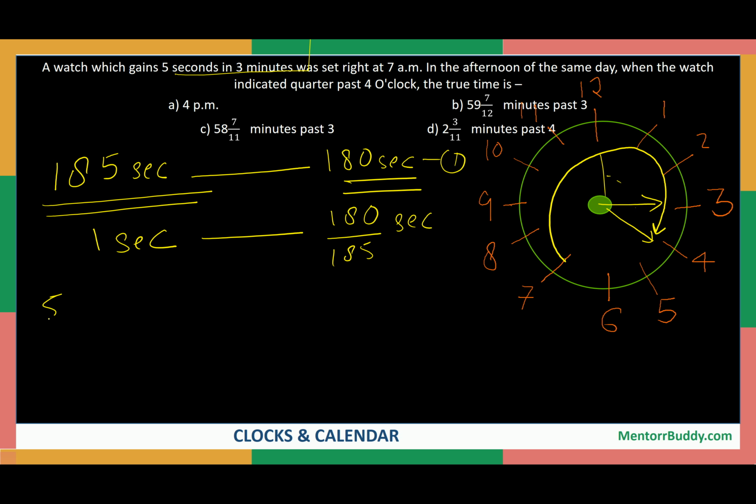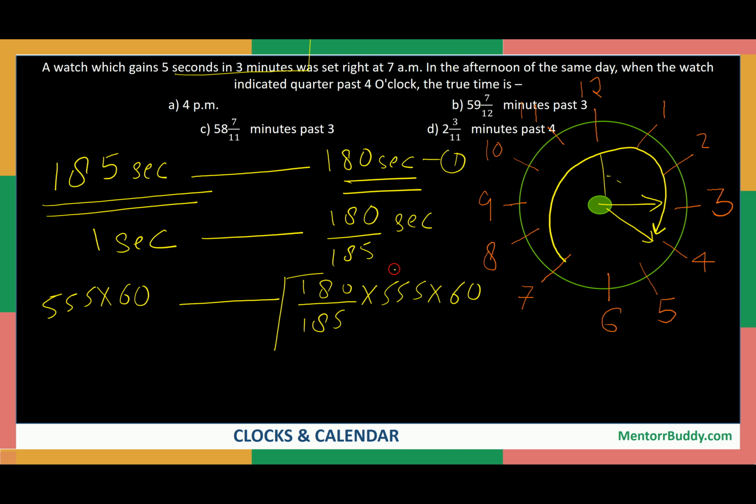And for 555 into 60, as we have calculated the total number of seconds from 7 a.m. to 4:15 p.m., how much will the original clock move? It will move 180 divided by 185 multiplied by 555 into 60. This will be the total number of seconds which will be moved by the original clock, right?